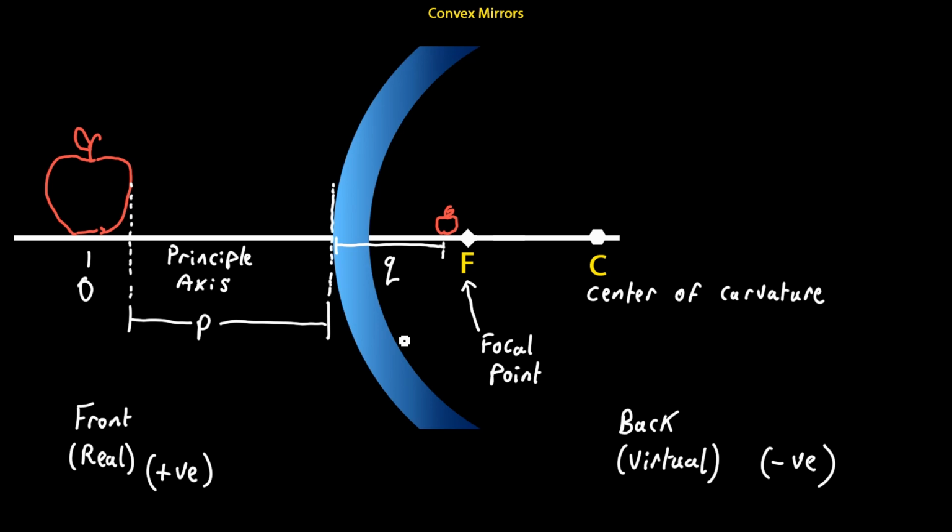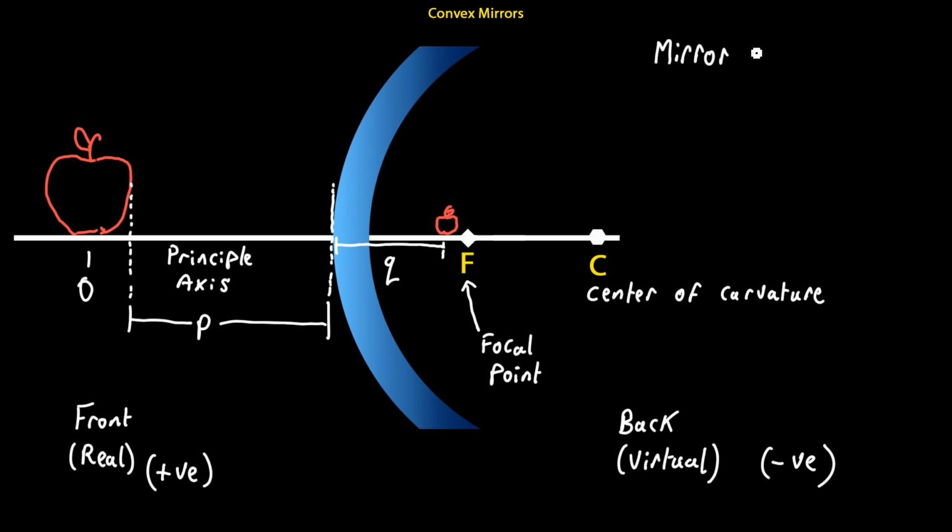And for convex mirrors, this image always forms behind the mirror. It's always a virtual image, no matter how close the object is to the convex mirror. Because our image is virtual, q will always have a negative value. Any measurement done behind the mirror will have a negative value.